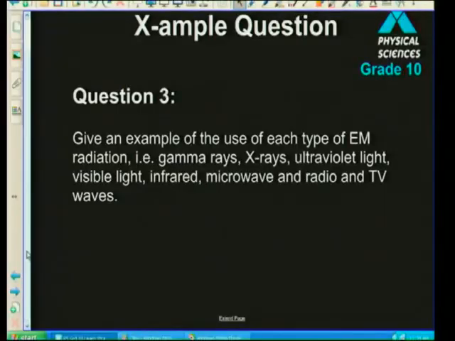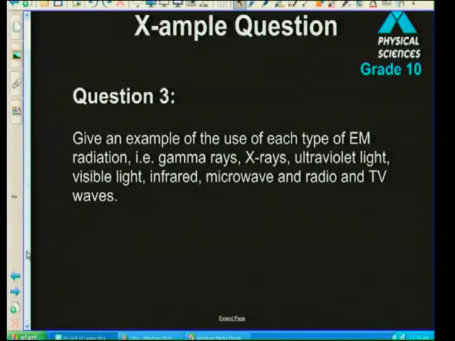Ultraviolet light, used in forensic situations. We use it to know if there's been blood splattered or that sort of thing. Infrared, sorry, I missed out visible light. Visible light, well, we need visible light to see the world around us. Nice and simple.